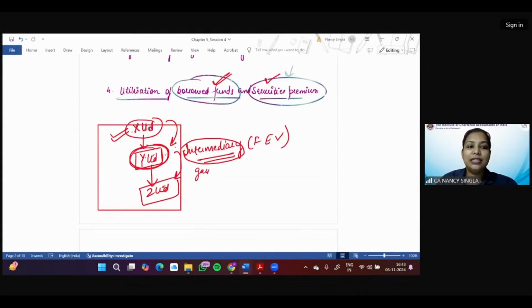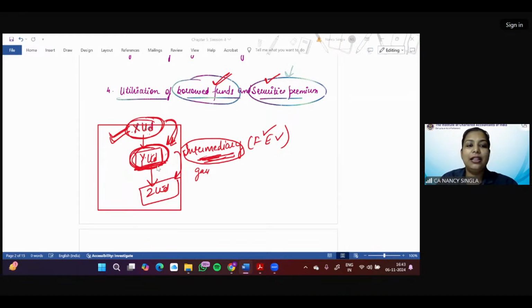So in order to understand the point, till where we have read, just keep in mind that the company, X Limited, has advanced or invested some funds in another company, Y Limited, which is the intermediary, which can be a foreign entity, with an understanding between X and Y, whether in writing or otherwise. Clear?